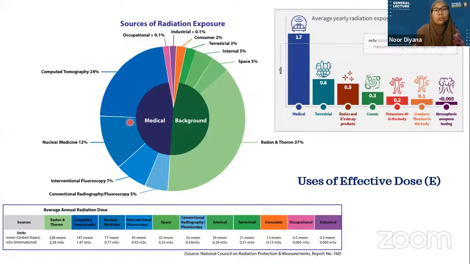That means the frequency is more. Okay. And because it is also tomographic, it also produces a higher dose. Okay, so it should be one of the major concerns among practitioners.